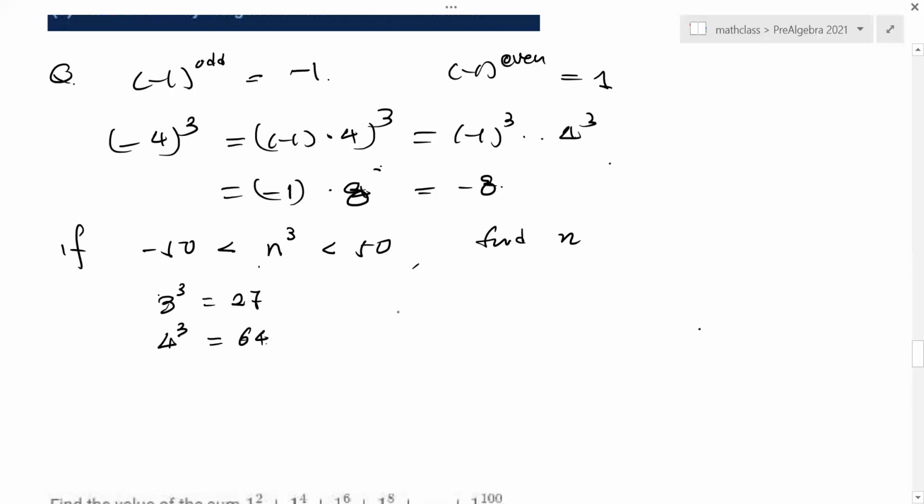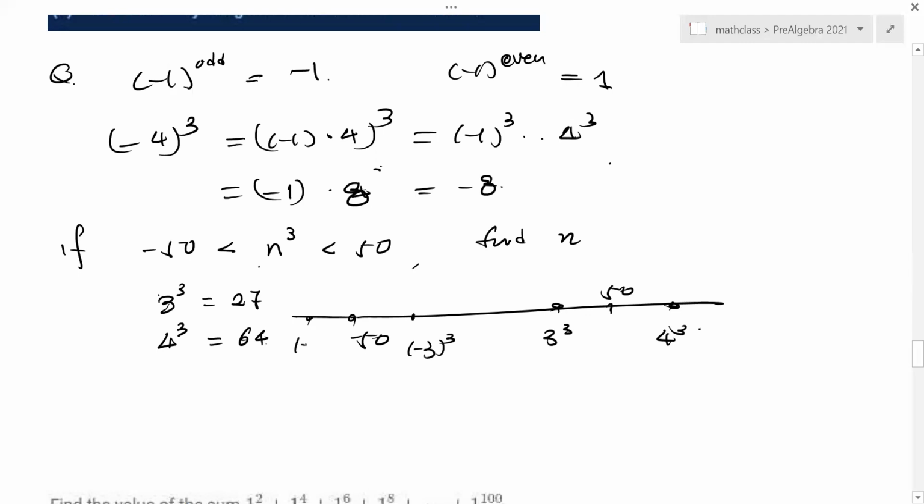If we draw a line here, here's 50, and this will be 3 cubed, that will be 4 cubed. And similarly, here's negative 50, this will be negative 3 cubed, this will be negative 4 cubed.